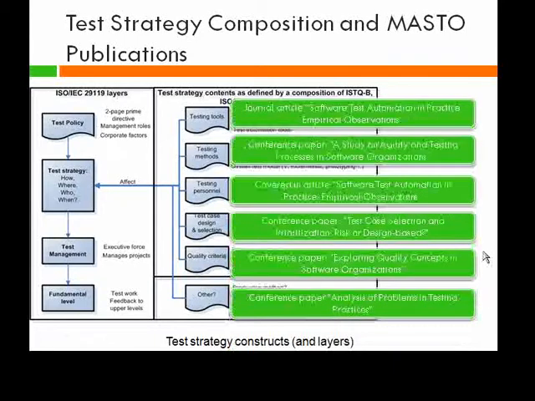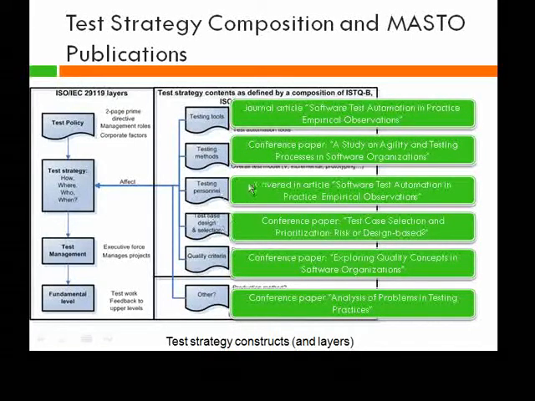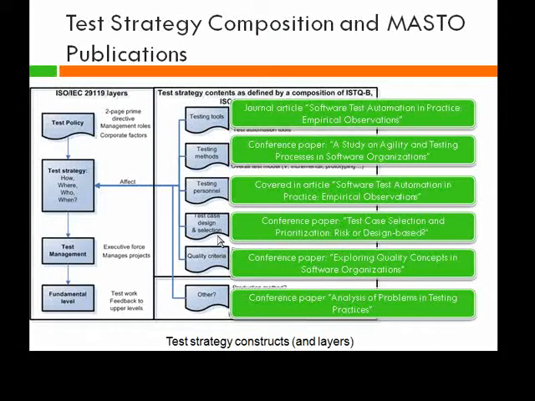First, we did a group of focused publications which discussed one particular category: testing tools, methods in organizations, testing personnel. Well, actually, testing personnel was covered in the same publication that talked about testing tools, but really focused sets of topics which discussed one of these categories in practical organizations.